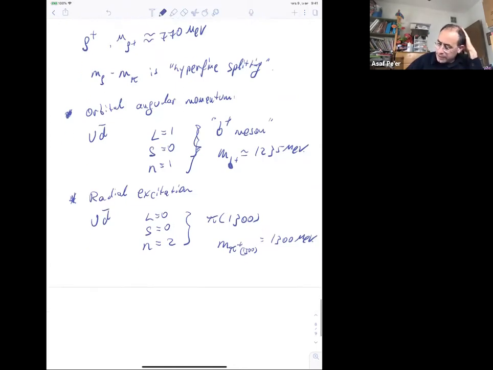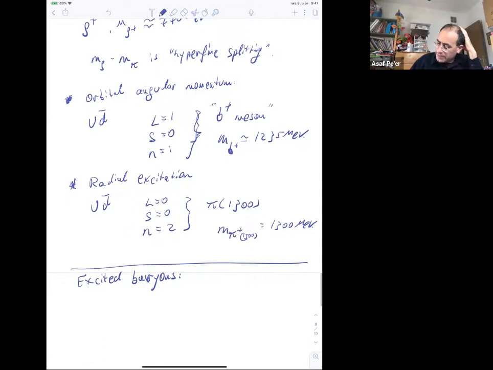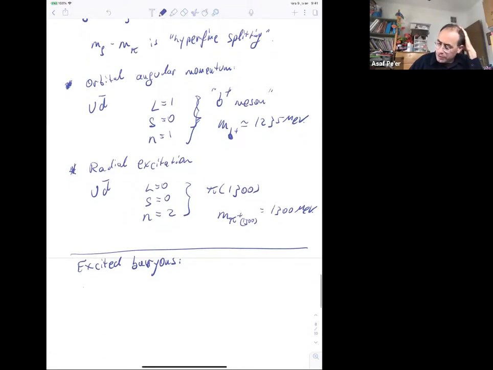Now, this is just for the mesons, but very similarly, you can speak of excited states of baryons, so, excited baryons. For example, the excited state of a UUD, which has L equal to 0, spin equal to 3/2, and N equal to 1.